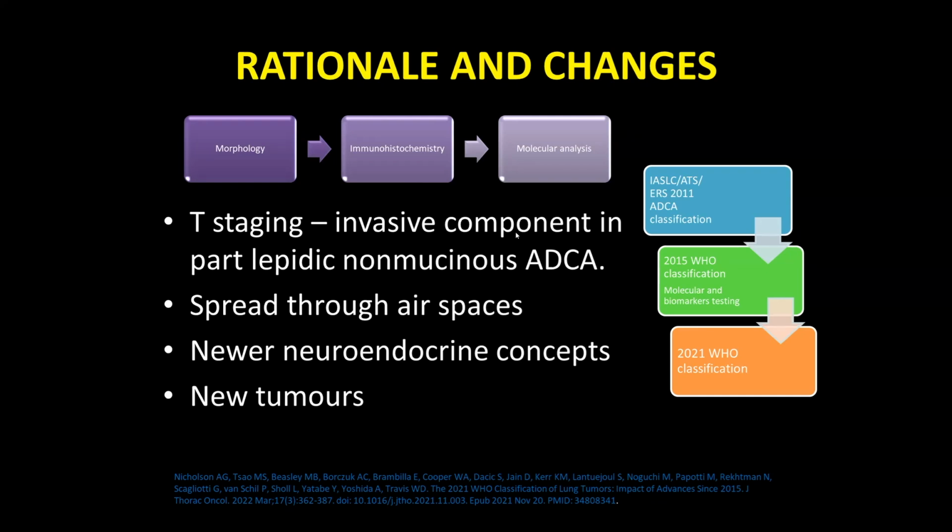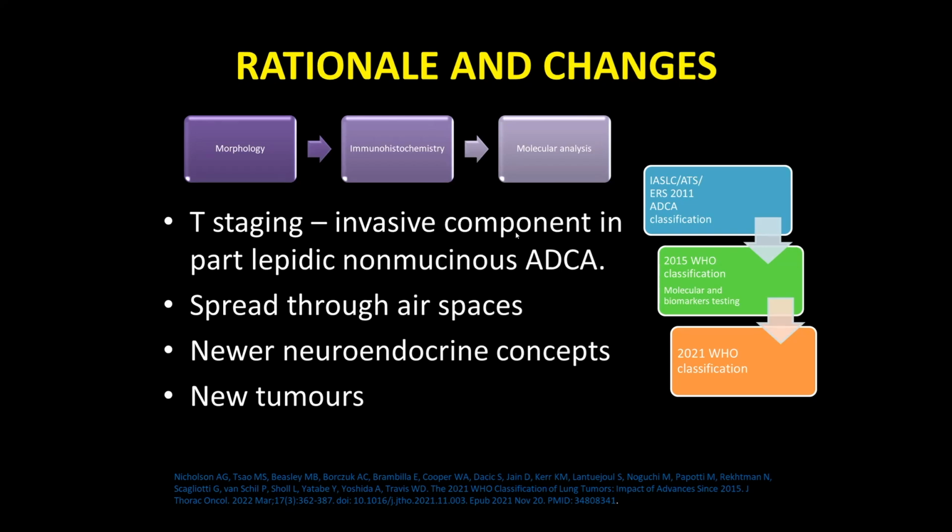And so if you want to understand the 2021 classification, you will have to go back to the first major change that was introduced in 2011 by the IASLC, ATS and ERS. The major change at that point was the reclassification or renaming of adenocarcinoma, where it was divided into the precursors and then the invasive lesion.